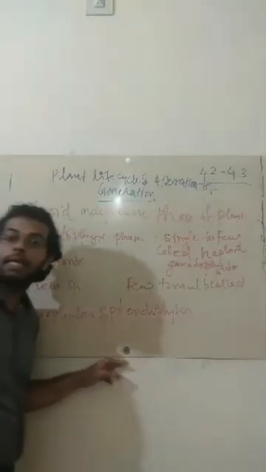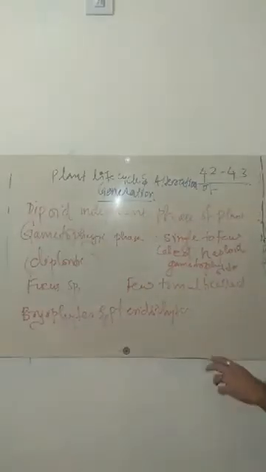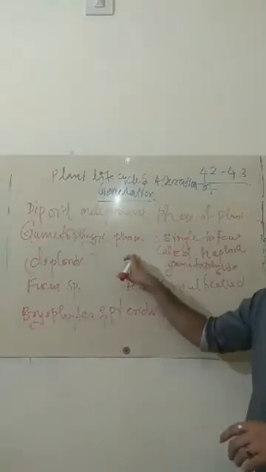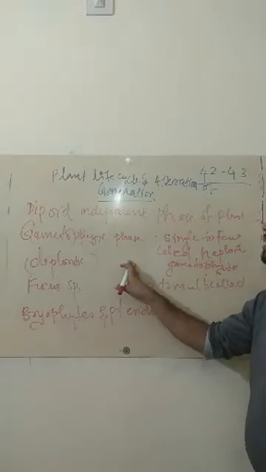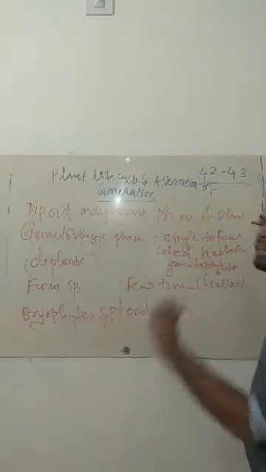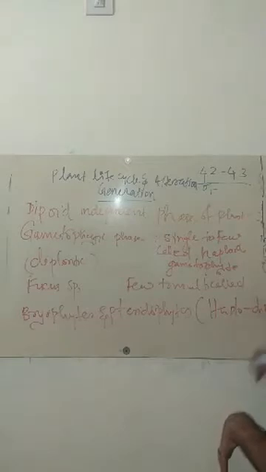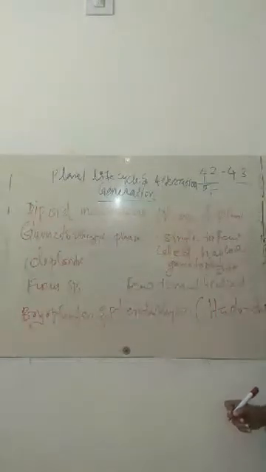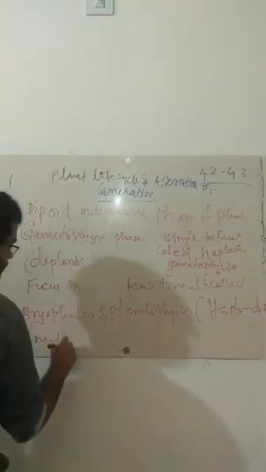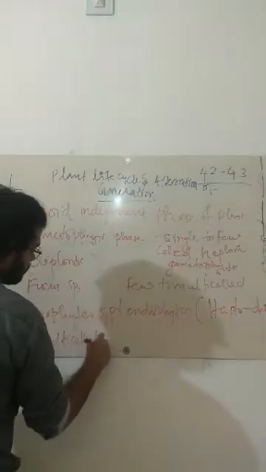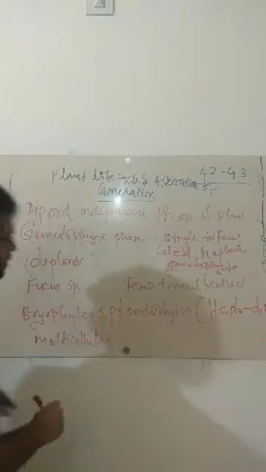They will exhibit an intermediate condition of gametophytic phase and sporophytic phase, that is between diplontic and haplontic, that is haplodiplontic. In this case, both phases are multicellular.